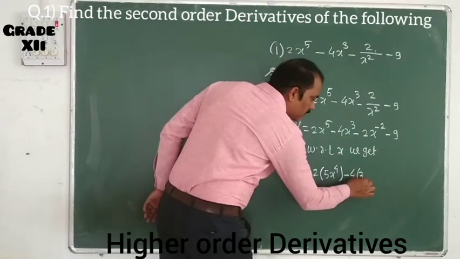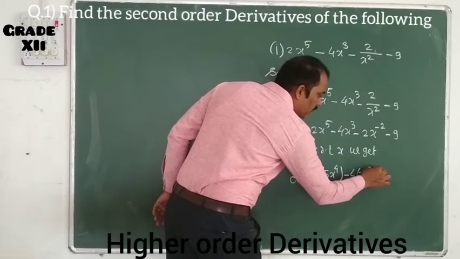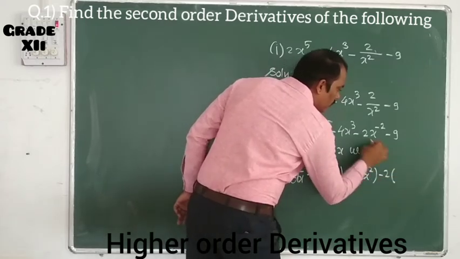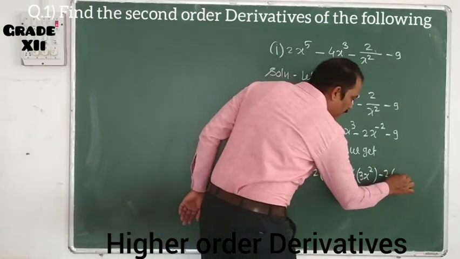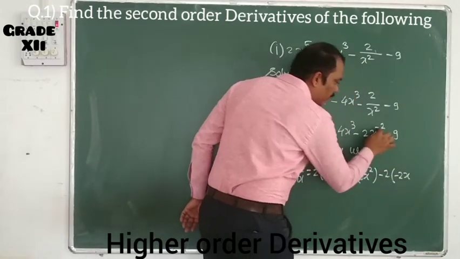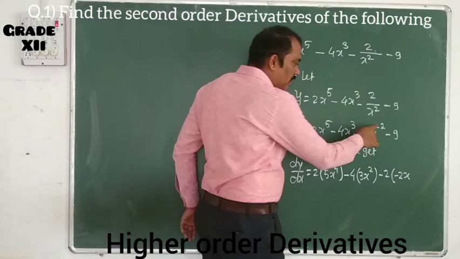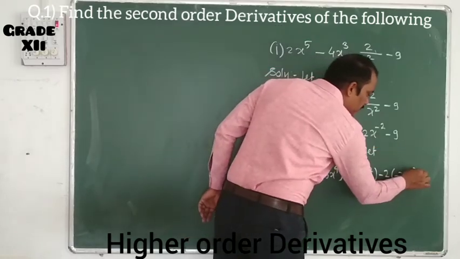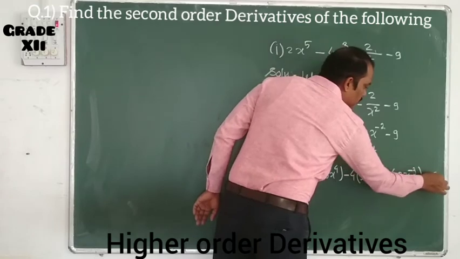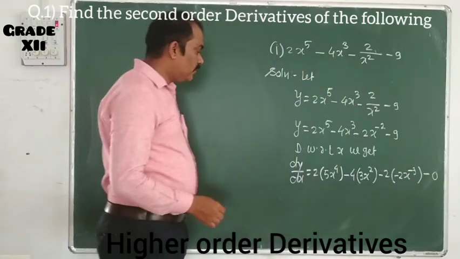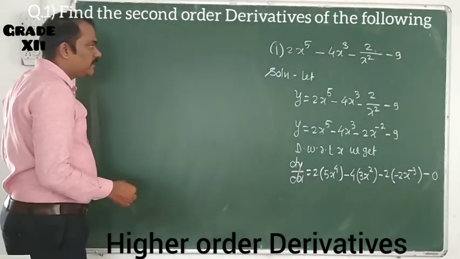It is 3 times x square, minus 2 into the derivative of x raised to minus 2. We take the power as it is, that is minus 2 into x raised to, from this power we have to minus 1, minus 2 minus 1, it is minus 3. Minus 9 is a constant, so its derivative is 0.